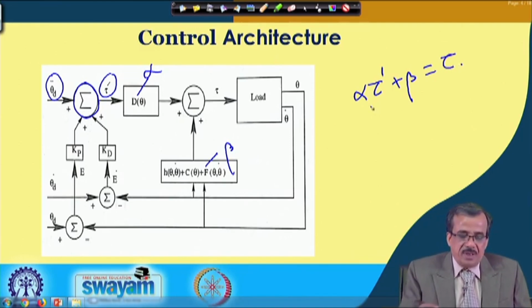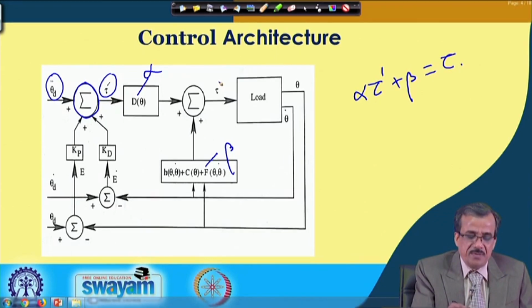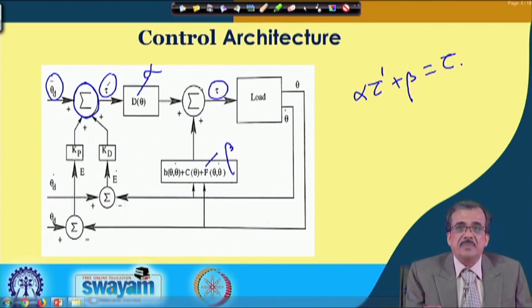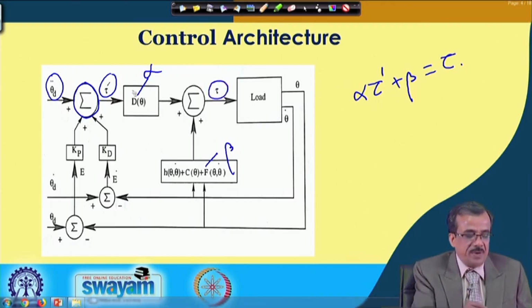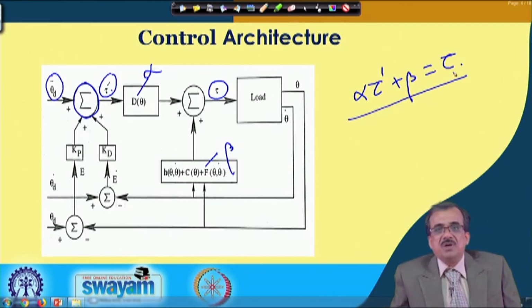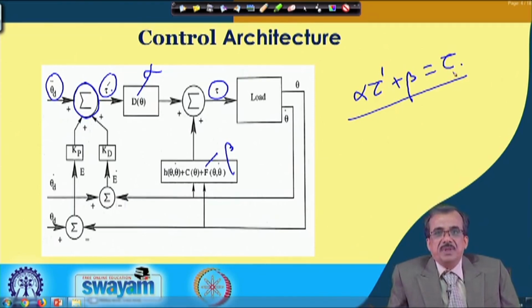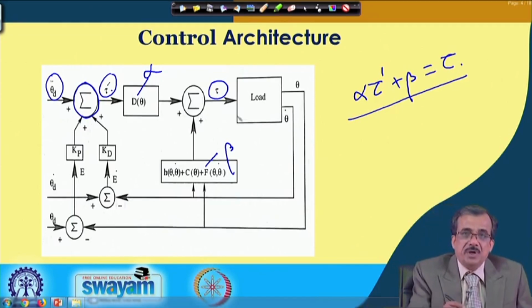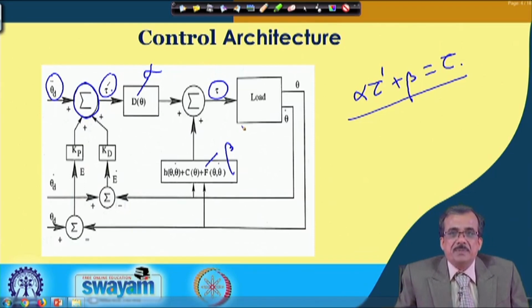Now, if I know this torque, that is alpha multiplied by tau prime plus beta, this torque has to be generated by the motor, and the controller is going to help.